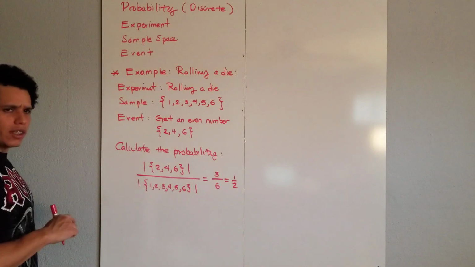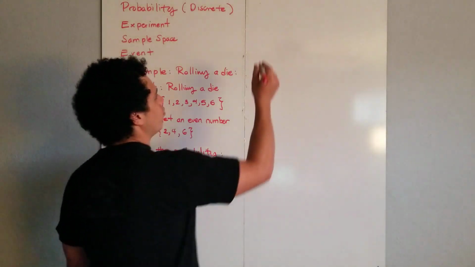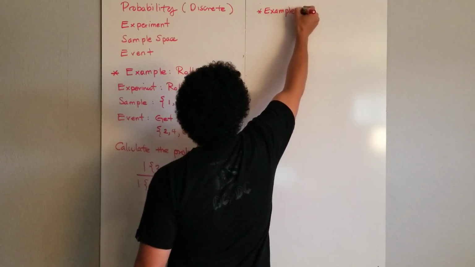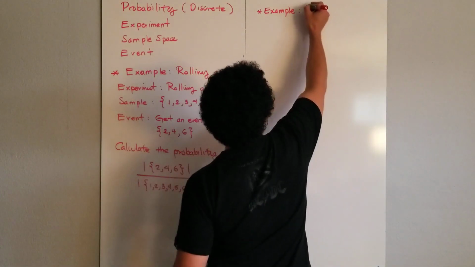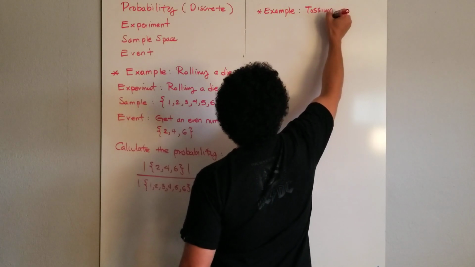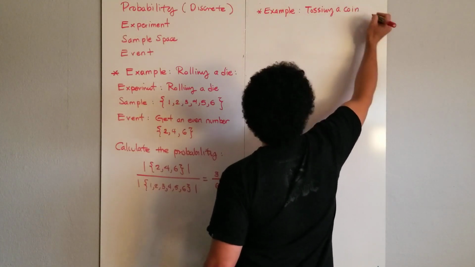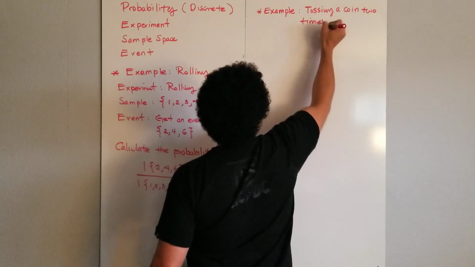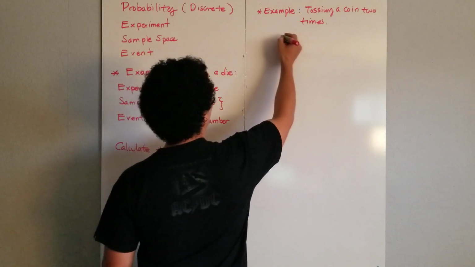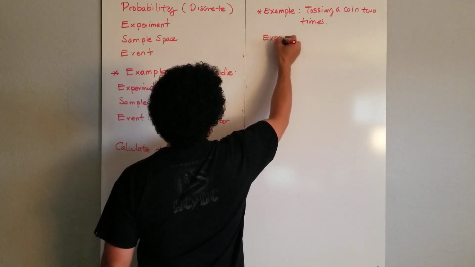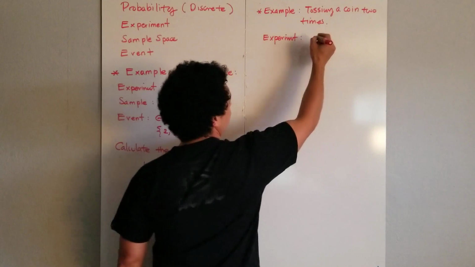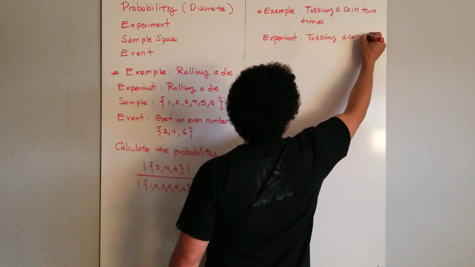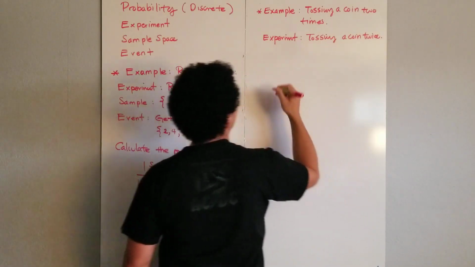Now, let's take a look at another example. Tossing a coin twice. Well, the experiment is tossing a coin twice.